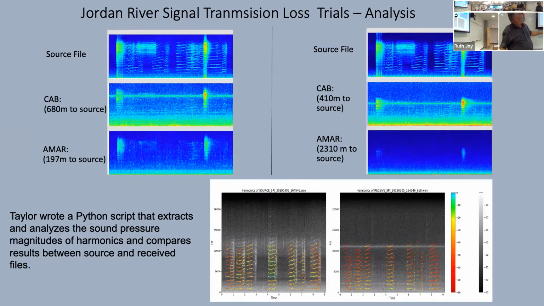I'm not going to go into that one too much. Again, it's the same system. This is what Taylor developed, an extraction so we can extract the magnitude of each of those bands from the source level, and then measure the received level in those bands at different distances. Then you can calculate the transmission loss between those two.